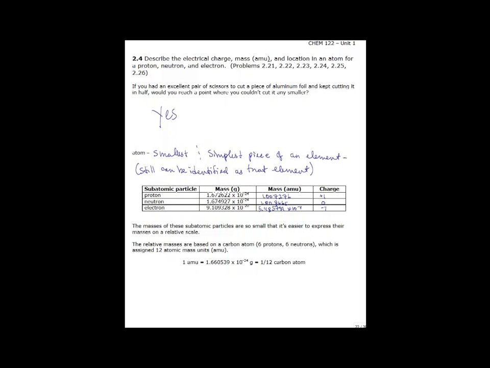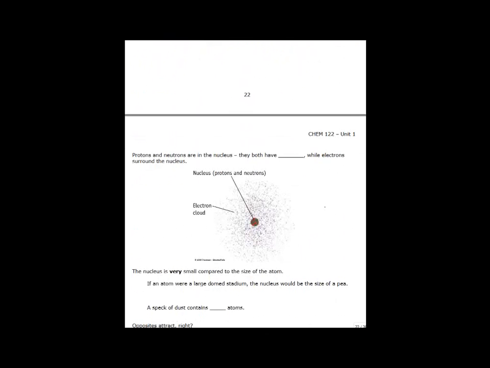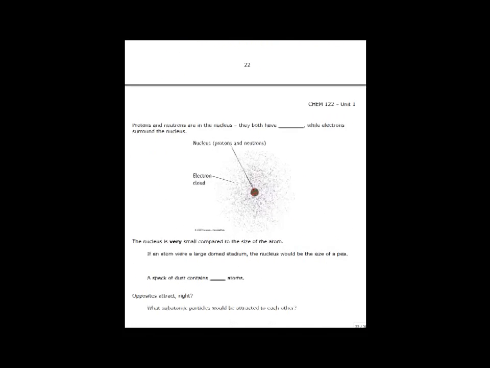Okay, so how these subatomic particles are arranged. So protons and neutrons are in the nucleus. They both have mass, remember. Remember the proton has a positive 1 charge, the neutron has a 0 charge. They both have mass. While electrons surround the nucleus.